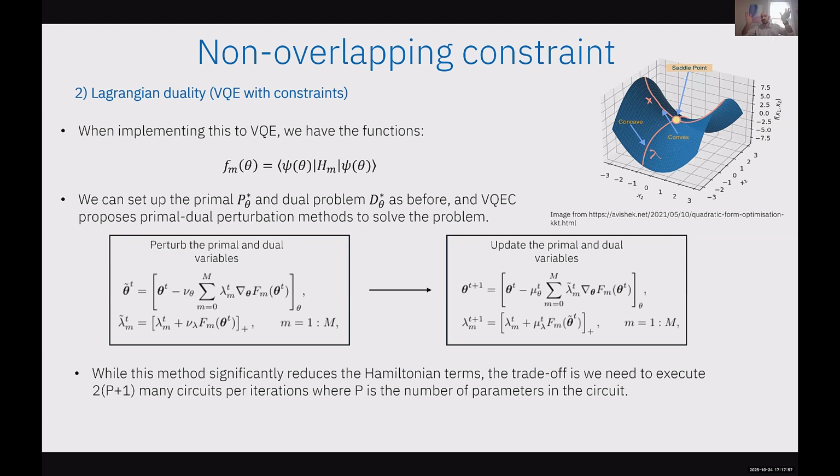Usually we want something that maps really nicely to hardware. We call these hardware efficient ansatz, and that allows us to prepare a quantum state. And then we have a Hamiltonian, which allows us to compute the expectation values, like the energy of the system. So we sample with this quantum state and compute the expectation value, which is going to be our energy.